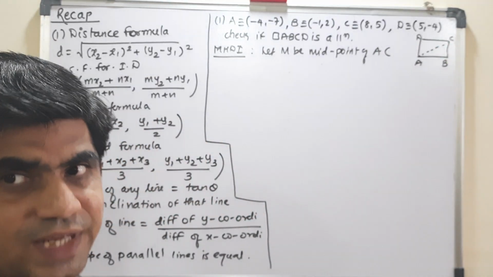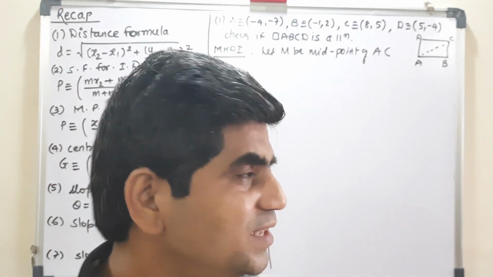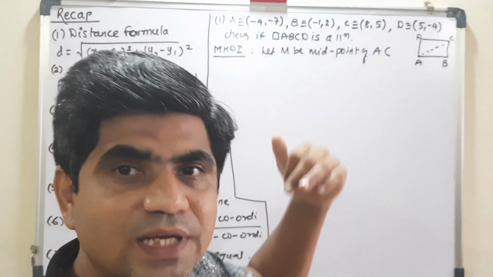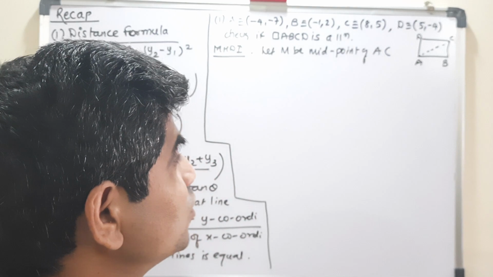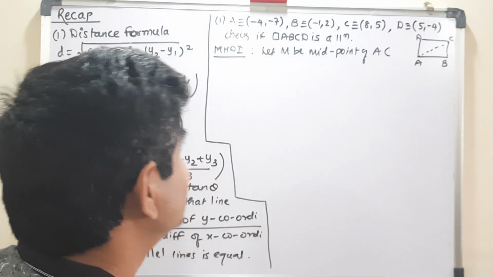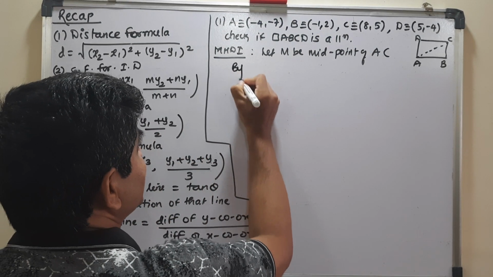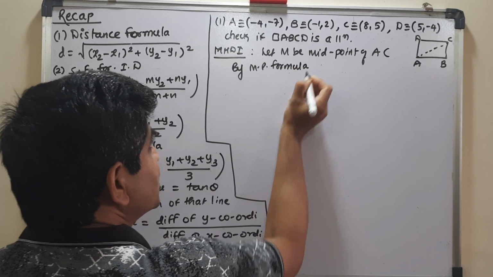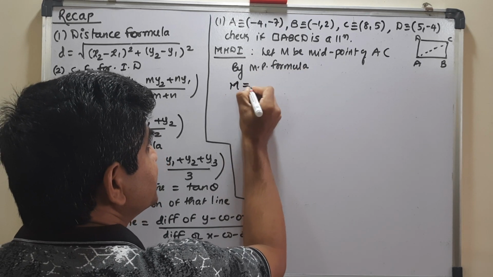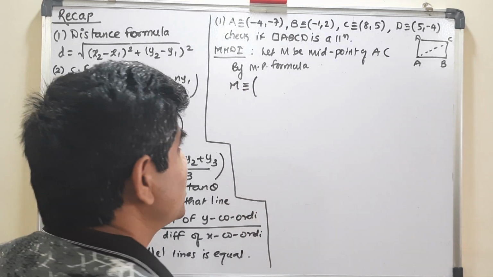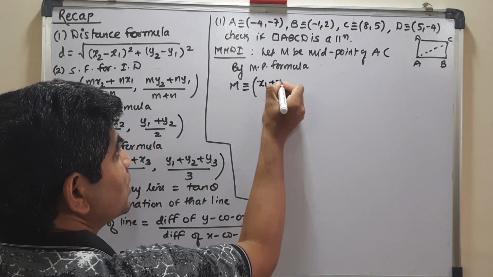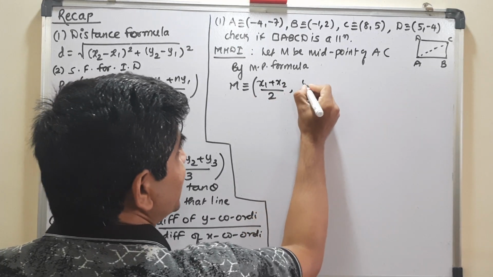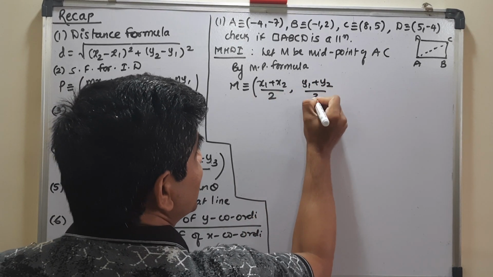So AC, I am not saying that the midpoints will match, but I just want to check what is the midpoint of this segment AC. By the midpoint formula, the coordinates of midpoint M will be the sum of x coordinates divided by 2, and the sum of y coordinates divided by 2.